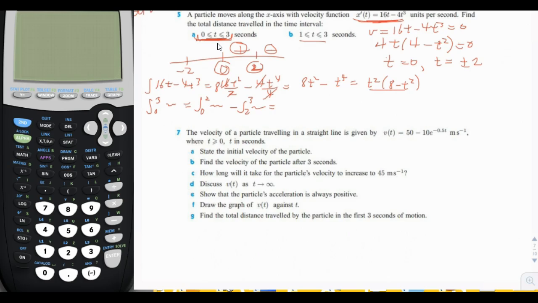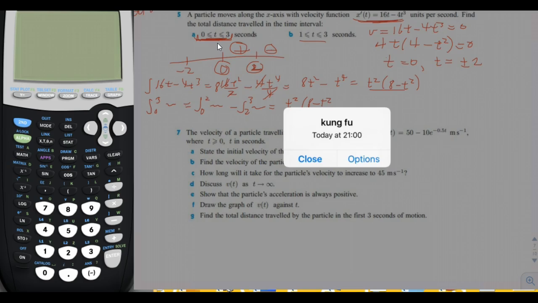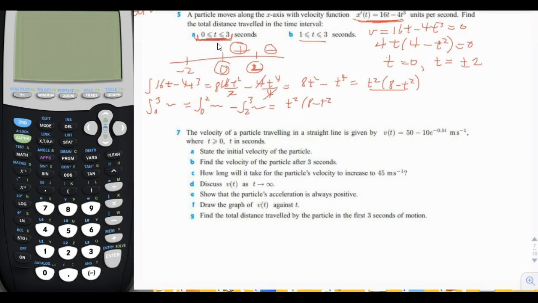And then we already know what the integral is. So first we're going to evaluate this integral, t squared times (8 minus t squared). I'm going to leave it in the multiplied out form. I don't see any reason to factor it for now.